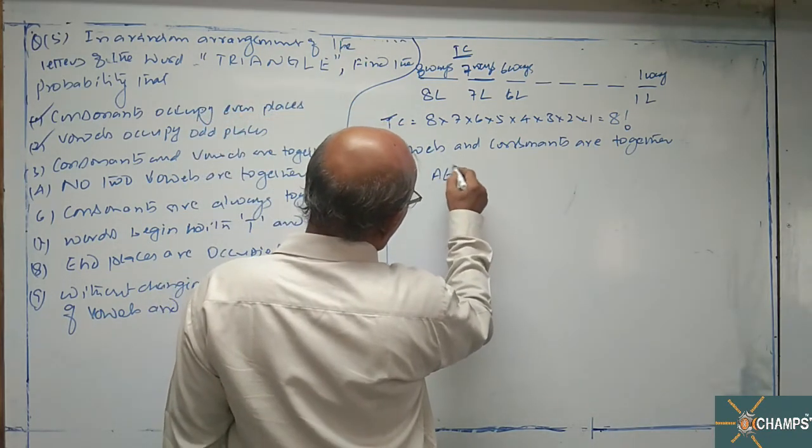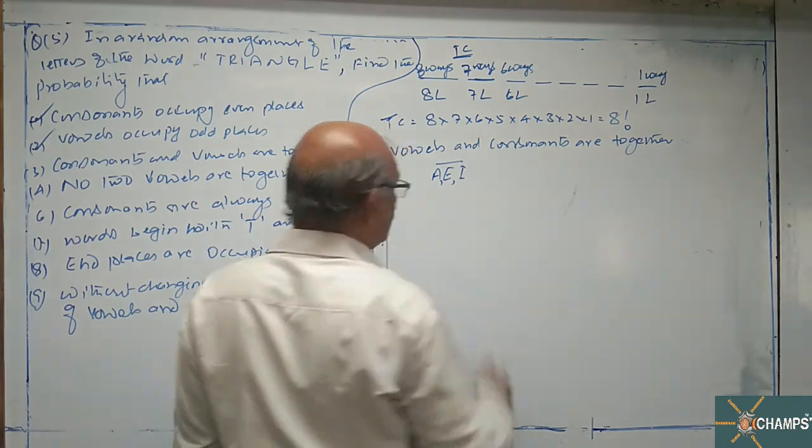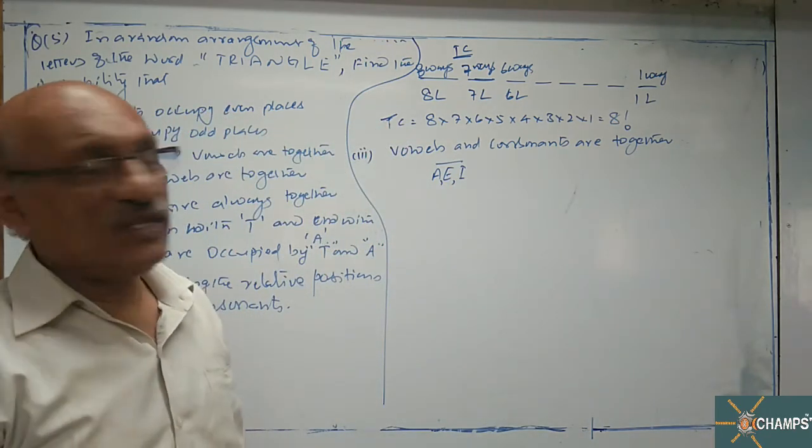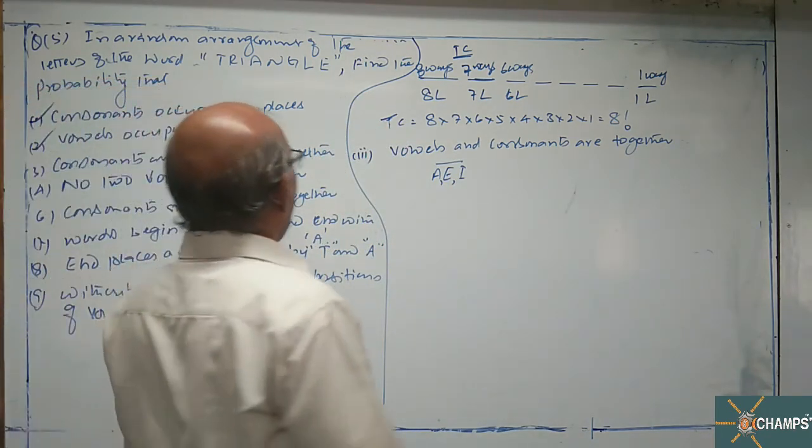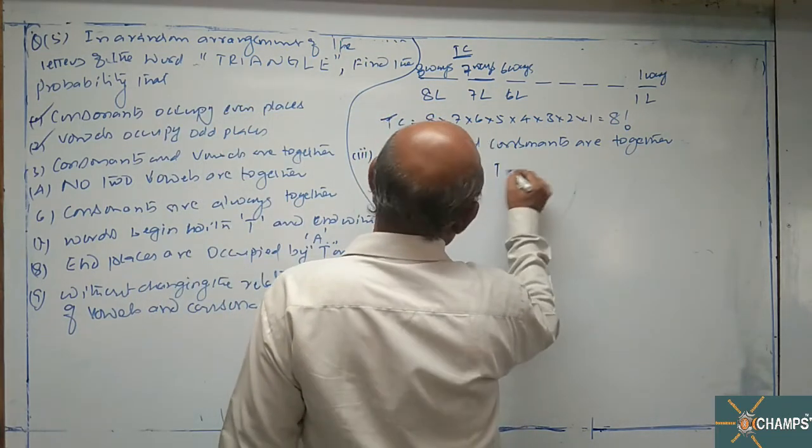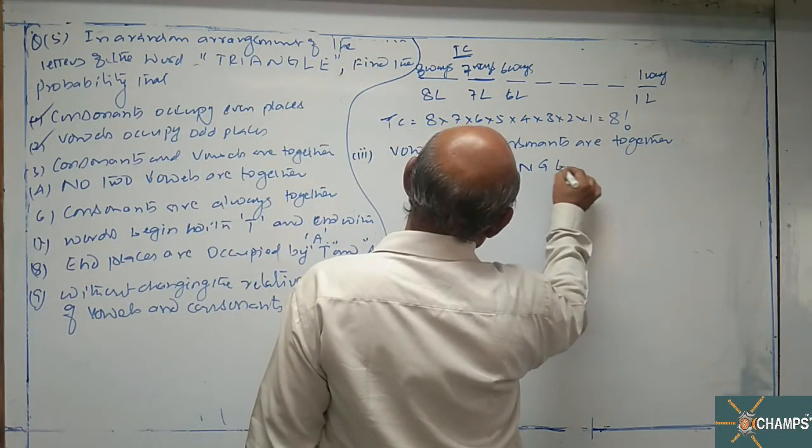So how to take these three vowels as one unit? Take these three vowels E, E, I as one unit, and the consonants T, R, G, L as one unit.